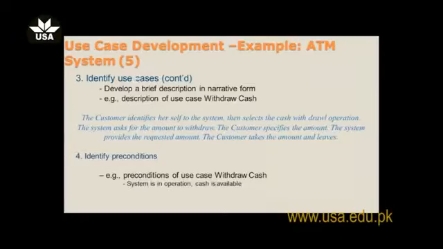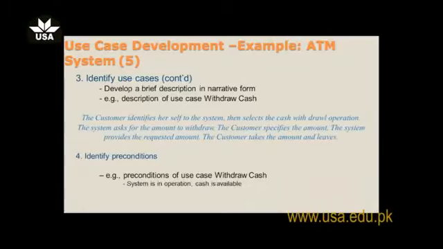So students, we have a use case development example, and we are considering an ATM system for the example. Obviously we need to identify the use cases, and when we talk about use cases, that means we are talking about the interaction of a user with the software application. So here we have to develop a brief description in narrative form, and that could be the explanation of your interaction with the software application.